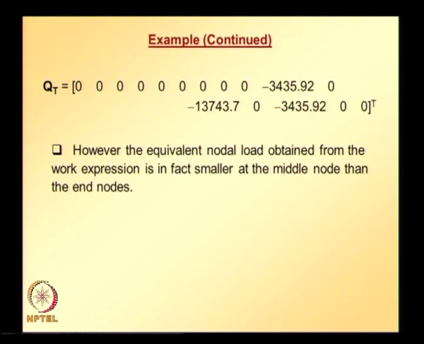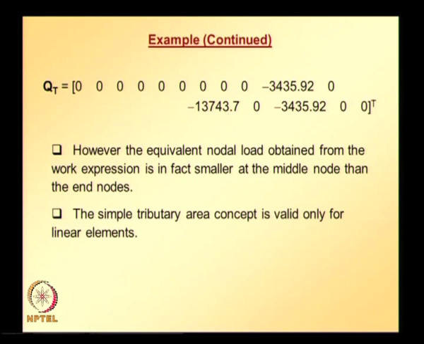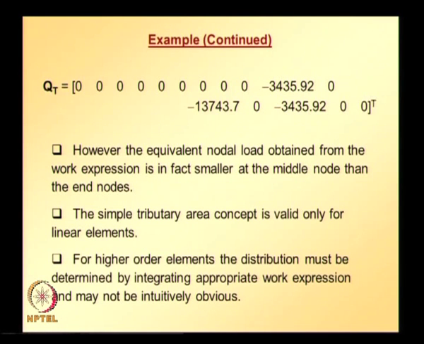However, the equivalent nodal load obtained from the work expression is in fact smaller at the middle node than at the end nodes. The simple tributary area concept is valid only for linear elements. For higher order elements, the distribution must be determined by integrating appropriate work expressions and may not be intuitively obvious. So, keep this in mind.